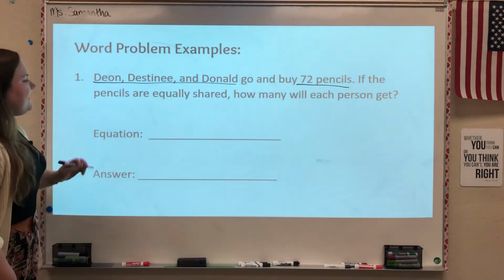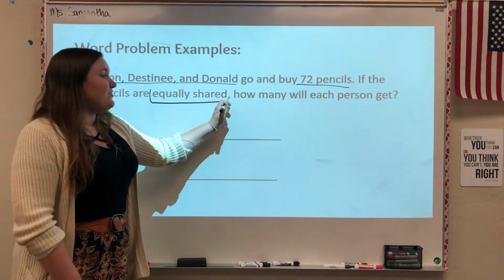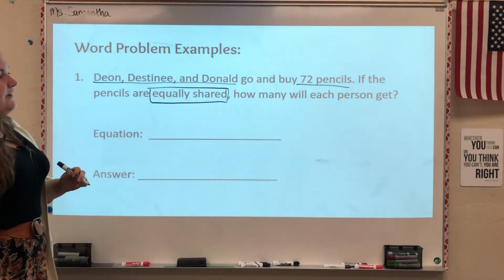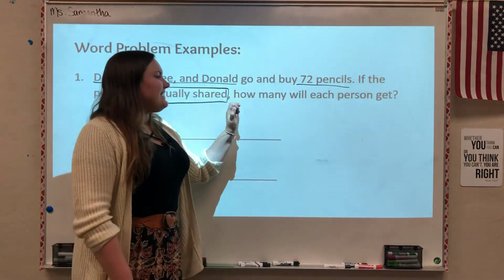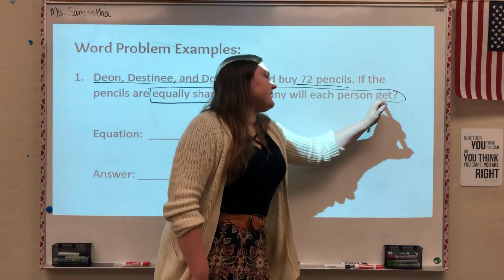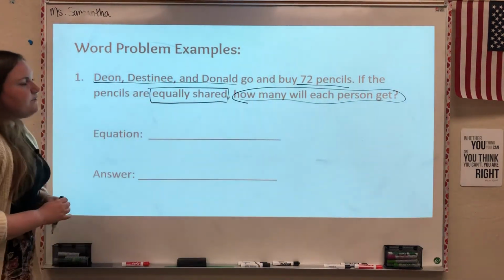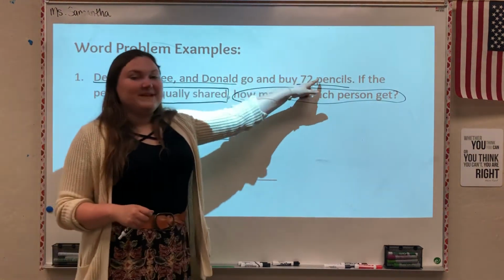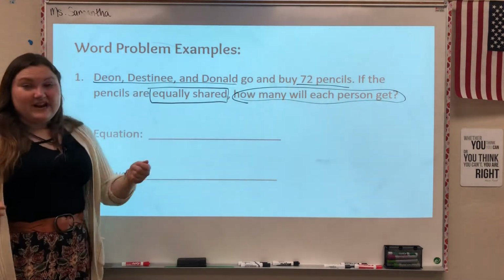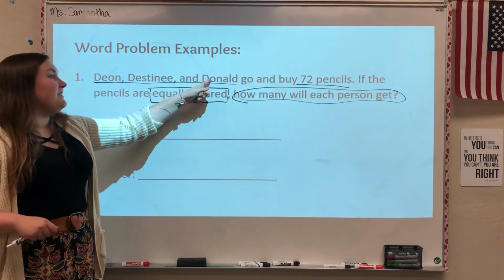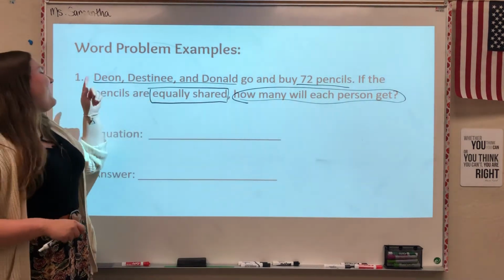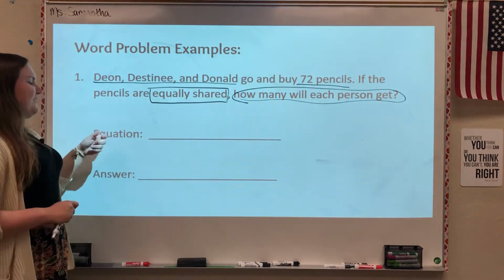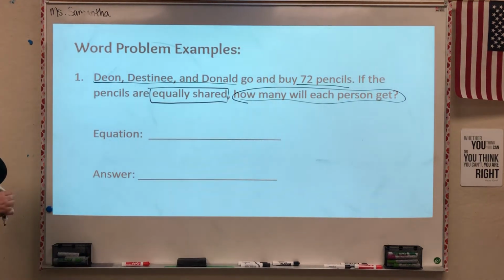And it's telling us the pencils are equally shared. Our question we're trying to figure out is how many pencils will each person get right there. So what we've got is we've got these 3 people buy all these pencils. They're sharing them, and we're trying to figure out how much Donald got, how much Destiny got, and how much Dion got. Go ahead and try writing an equation to represent this.